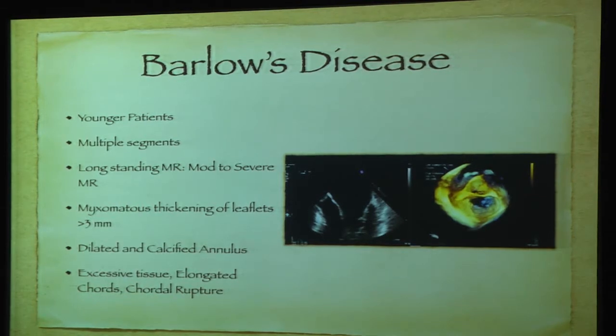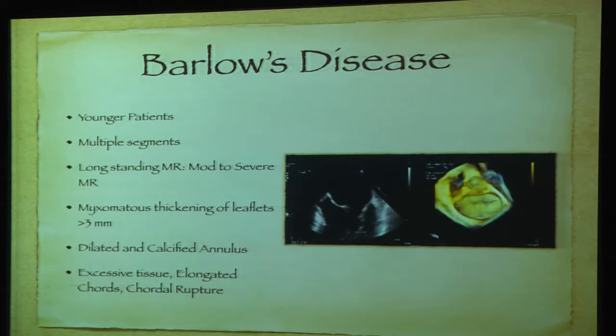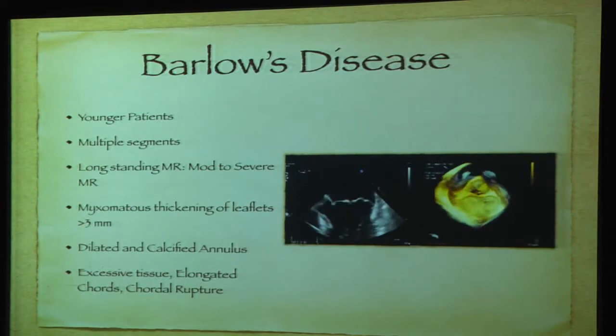Barlow's disease, I have the 2D and the 3D image video playing on the right-hand side. Usually these patients are of a younger age group. They have a longer onset of MR, chronic moderate to severe MR. There are multiple segments involved. There are myxomatous deposits in the leaflets that cause excessive thickening of the leaflets.